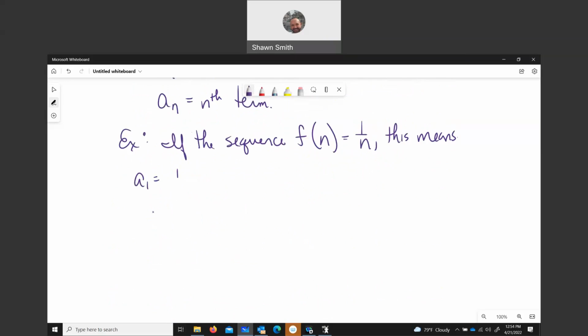A sub 1 is 1 over 1, which is 1, right? A sub 2 is 1/2. A sub 3 is 1/3. Obvious, right? So pretty simple to determine all the terms in the sequence. So A sub 4, dot, dot, dot, right? A sub n is equal to 1 over n.